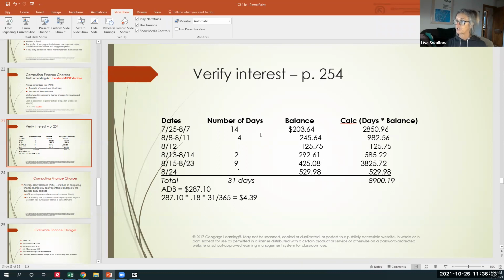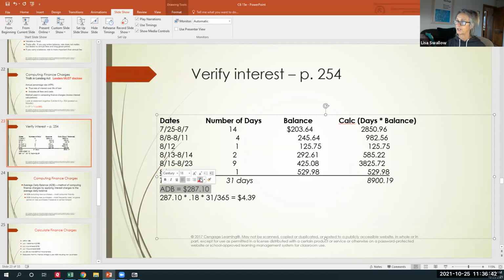So now I'd asked you to total up the first column and the last column. If you total all these up, that should come to 31 days, which makes sense in a 1 month cycle. Add up all these numbers. And here's the kicker. We're going to now divide the 8,900 by the 31 days.